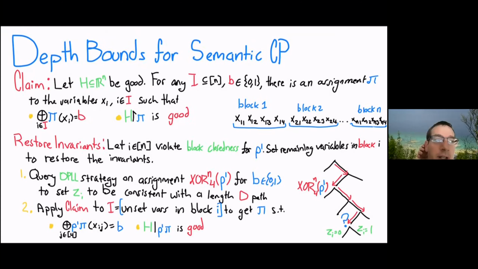Can you say for which gadgets this is going to work? Yeah, so this works for a 4-bit XOR. Maybe it can be made to work for a 3-bit XOR. You're definitely using some nice properties of parity here, in particular in this claim.